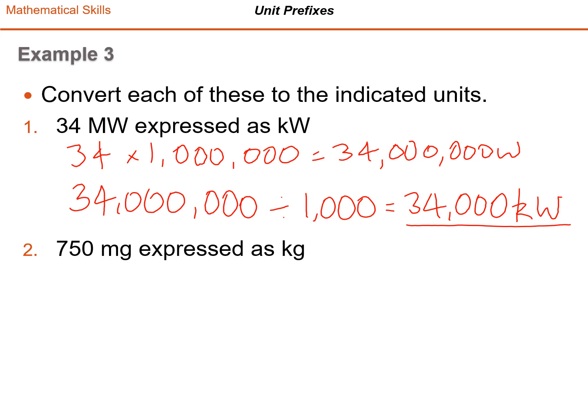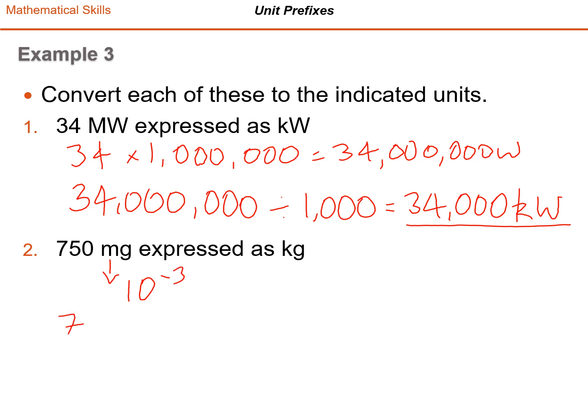So now we've got another example here, 750 milligrams expressed as a kilogram. So what we need to do here is turn our milligrams into kilograms. We remember that milli means 10 to the minus 3.